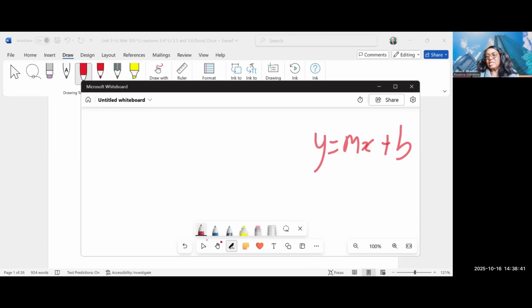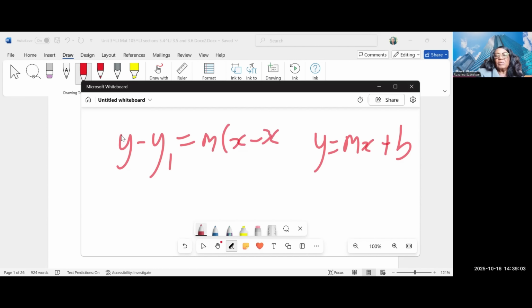By the way, most of the time when you're given a point and a slope, you want to write the equation as y minus y1 is equal to slope times x minus x1. It's always good to start from here. So you plug in the slope.